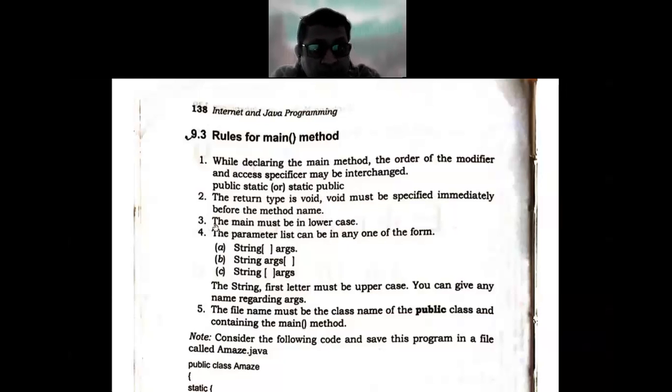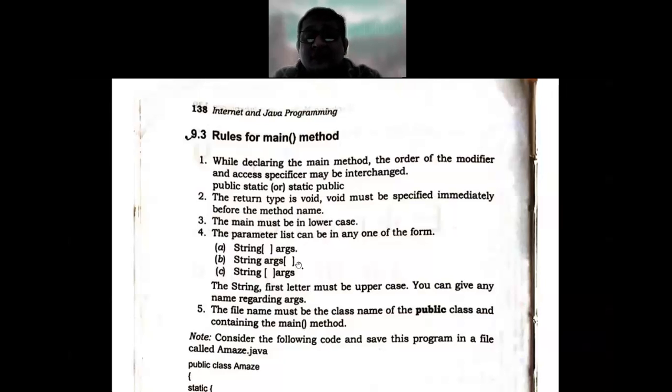Okay. So main must be in lowercase, and then the parameter list can be in any one of the forms. So normally we follow the second format, String args. So String, then square bracket, then args, or String, then a gap, then args, then brackets, and then along with that args. So any one of the three forms is used, but most convenient is the second form, String, gap, args, then brackets.